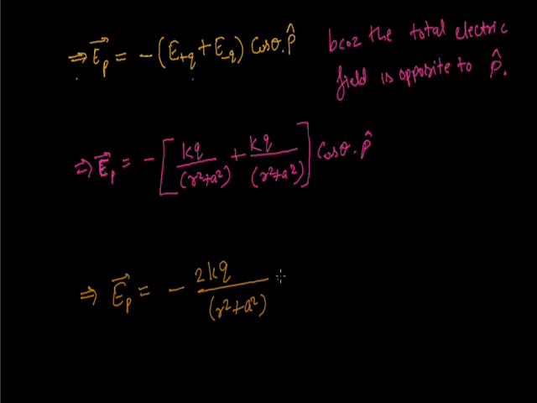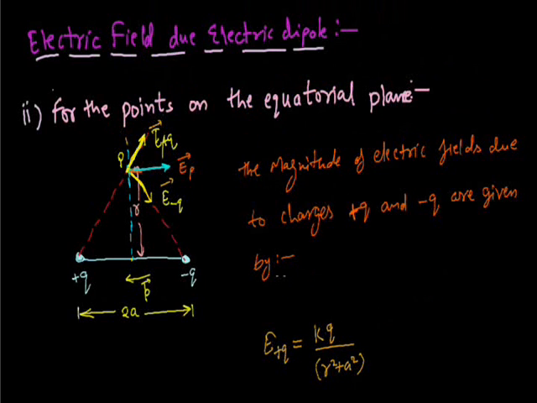Now with the diagram, cos theta, where theta is the angle made by the position vector of point P from any charge with the axis.